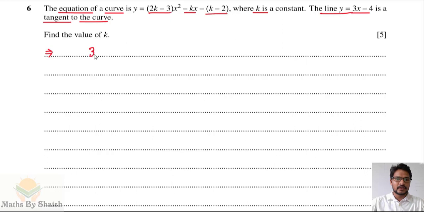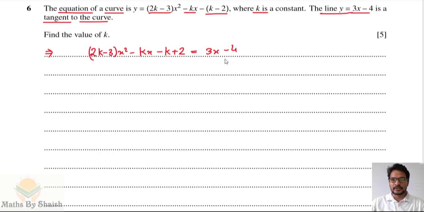It means if we equate them, (2k minus 3) times x square minus kx minus k plus 2 is the same as 3x minus 4. Whenever we are dealing with intersection or tangent, we need to equate the curves, whether it is linear and quadratic or both quadratic.